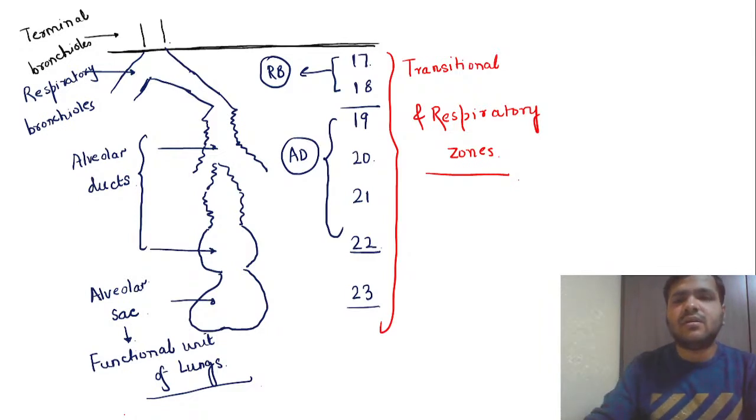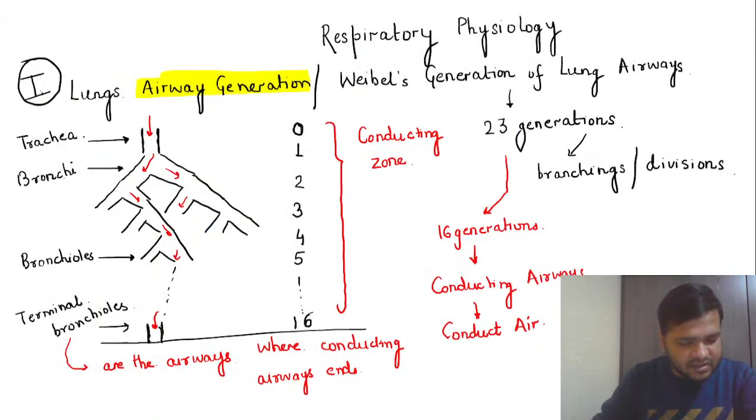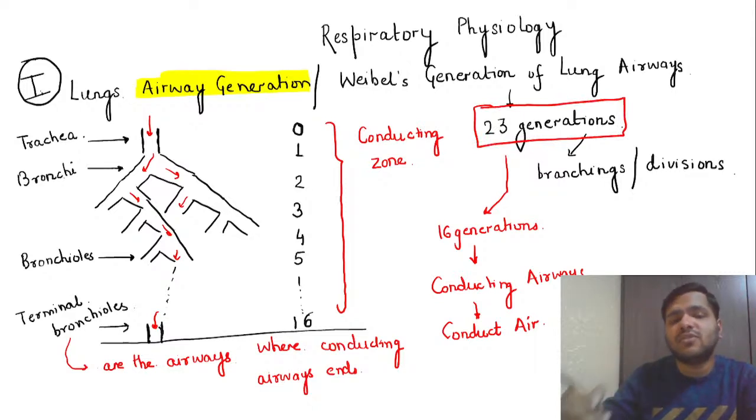These 23 generations are the ones divided by a scientist, Weibel, into many parts. Yes, Prikshit, very good. Sonu, very good.